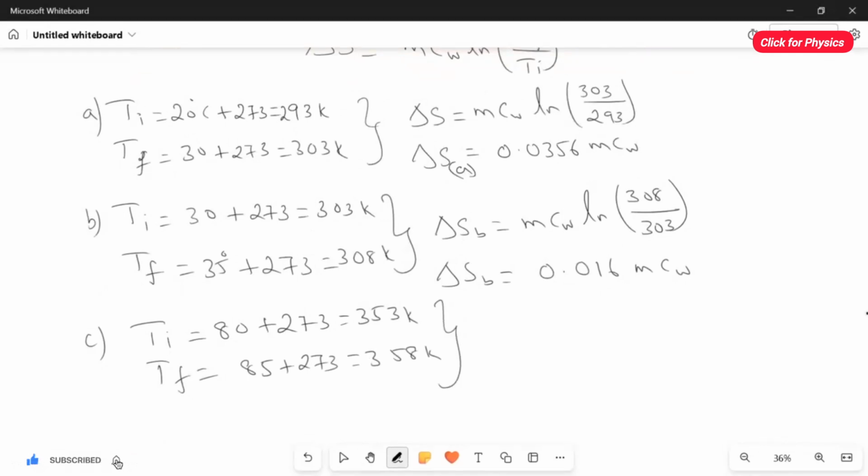So for this, I have to find the change in entropy for the third set, which is m C_W natural log of the final temperature, 358 Kelvin, over 353 Kelvin. So here I got the answer for change in entropy for the third set as 0.014 m C_W.